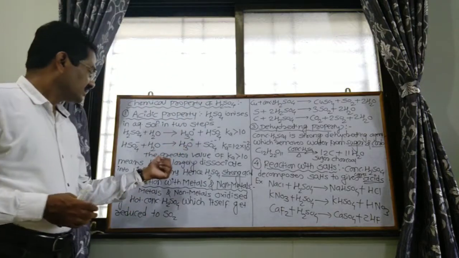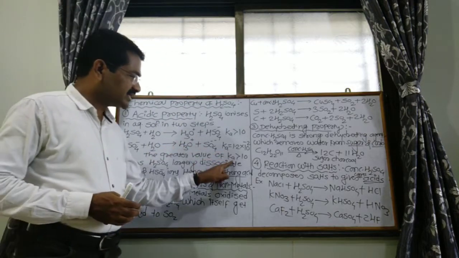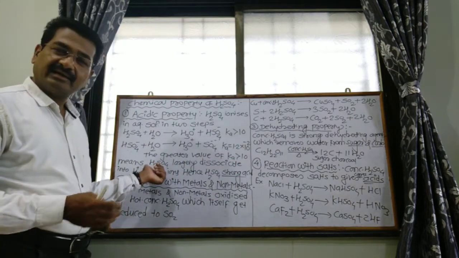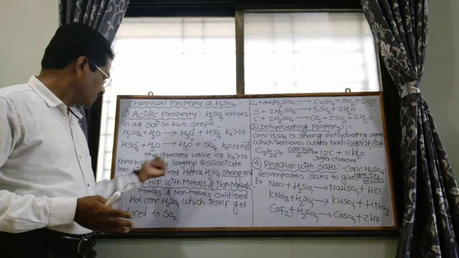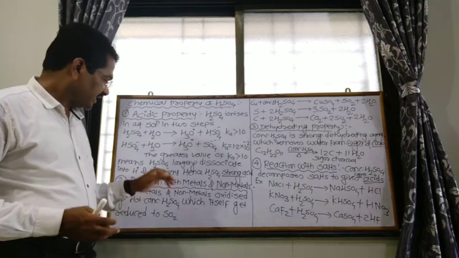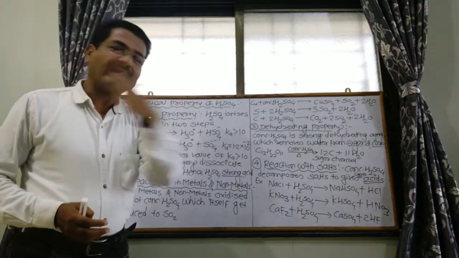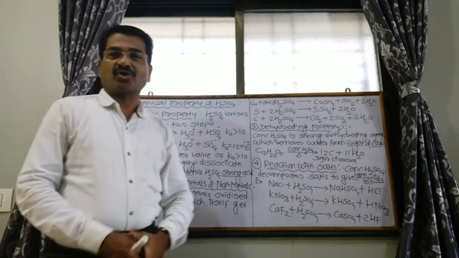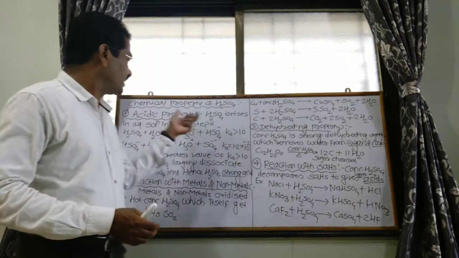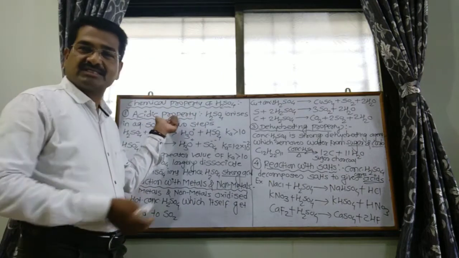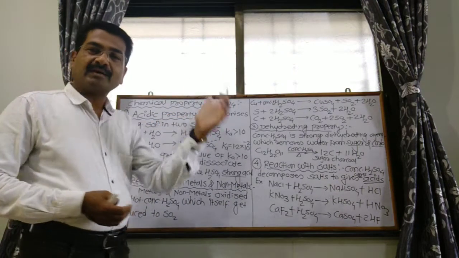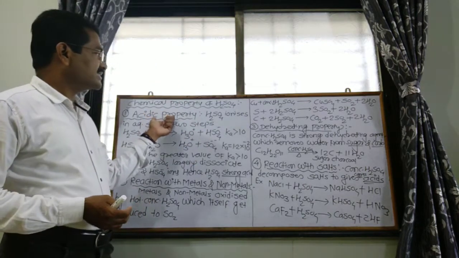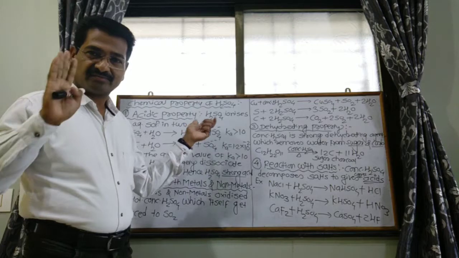Since the dissociation constant of sulfuric acid is greater than 10, it largely dissociates in aqueous solution to give H plus and HSO4 minus. Hence, H2SO4 is a strong acid. So this is the first chemical property of sulfuric acid, and we learn that sulfuric acid is acidic in nature.